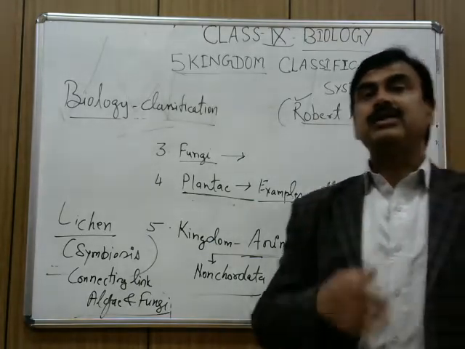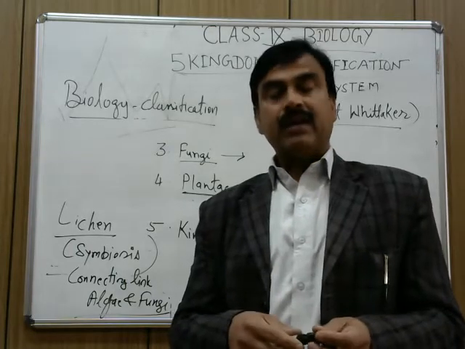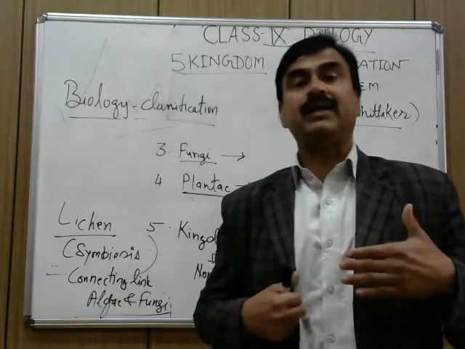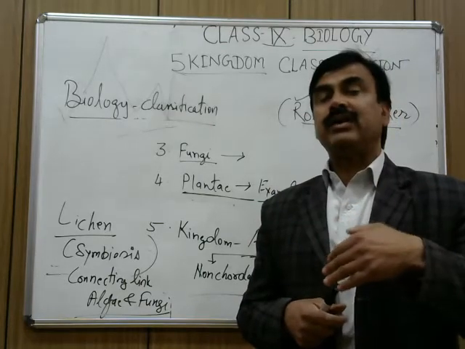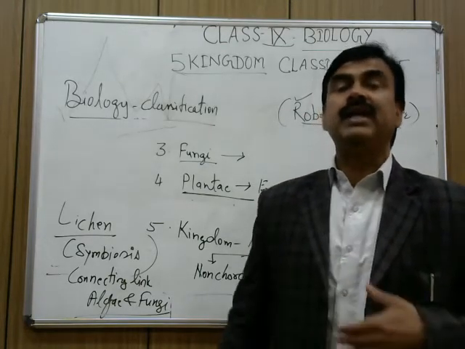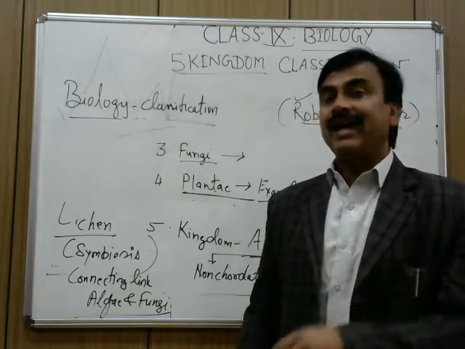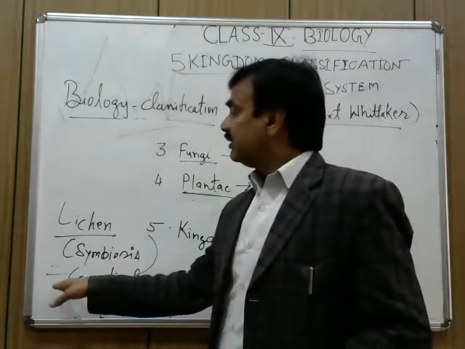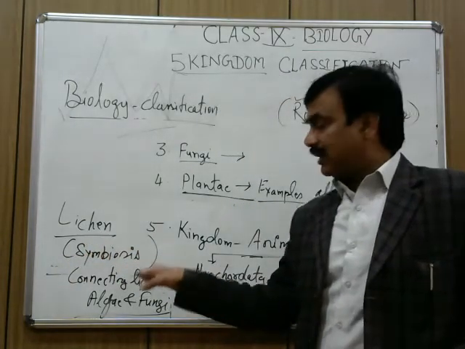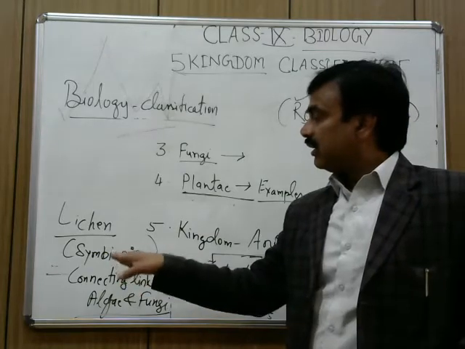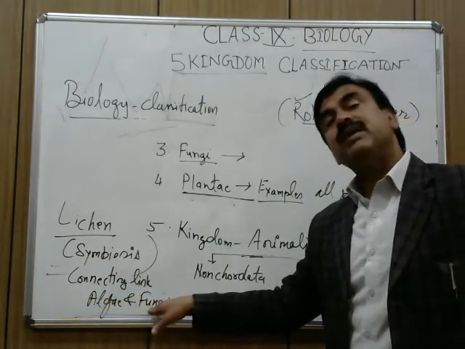Lichen, as you know, is a pollution indicator. At this height in my Nainital, there are lichens found at the height of 7,000 feet, where the air quality index is under 100. In lichens, 50% part is made up of algae and 50% part is made up of fungi.